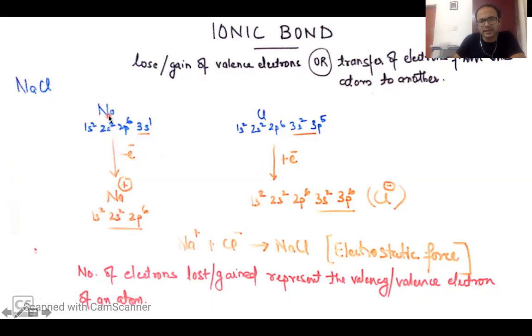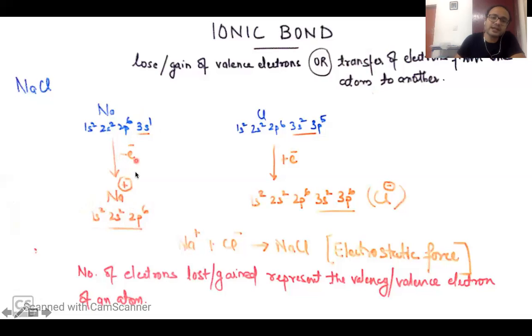Now, if the sodium atom loses one electron, it will acquire a noble gas configuration, which is 1s2, 2s2, 2p6. It's a completely filled orbit.